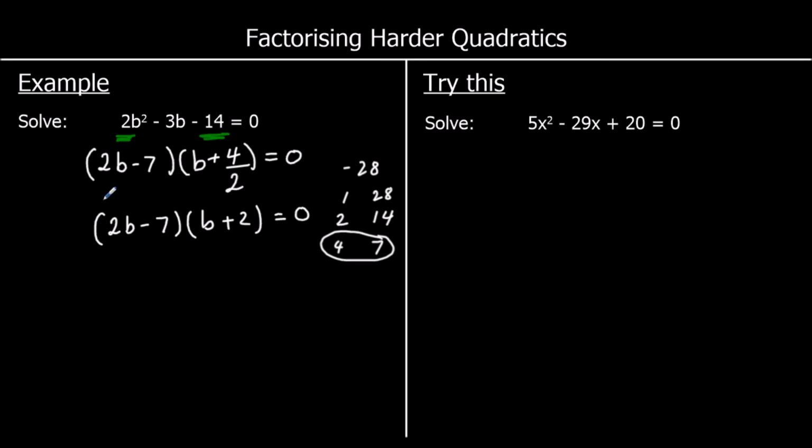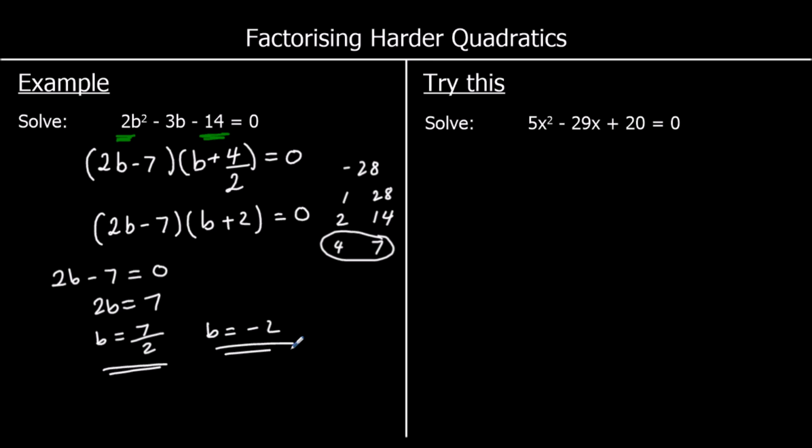So what would b have to be for the first bracket to be equal to 0? If we plus 7 to both sides and then divide by 2, we can say b is 7 over 2, or 3.5. And for the second bracket to be 0, b would have to be -2. So there are 2 answers.